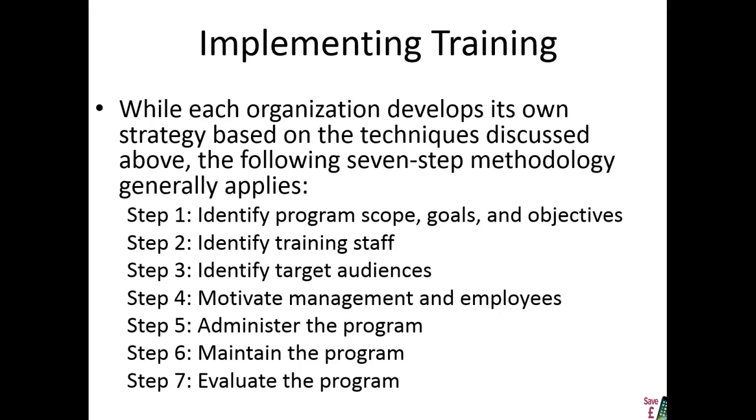Third, identify training targets. Fourth, motivate the management and employees. Fifth step, administer the program. Sixth step, maintain it. And then the last step is to evaluate the program to see if it was useful, and also how they can improve the security training.